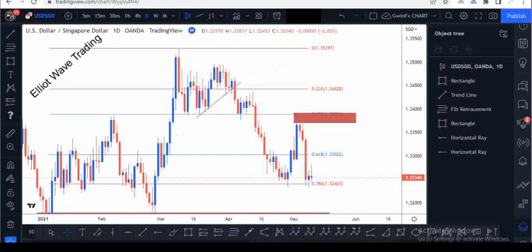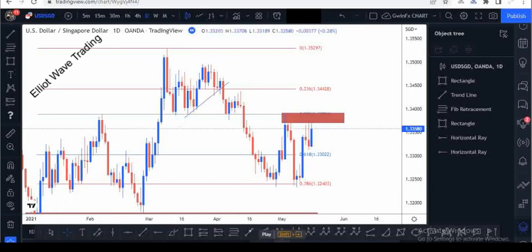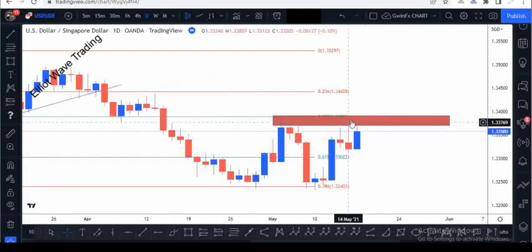All right, so let's look at what actually happened afterwards, after a few days, as price action developed. We saw that price did make a shift after 4 days of trading. Price made a shift back into that territory, but we had a very huge candle here which created a rejection candle. If I zoom in a little bit, you're going to see this rejection candle here on the daily.